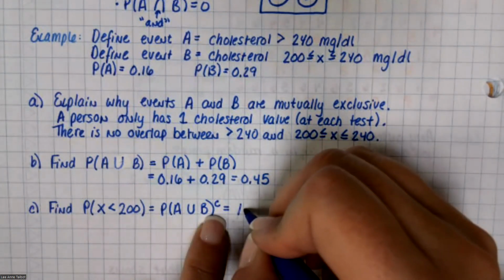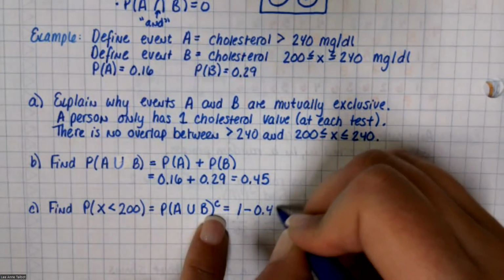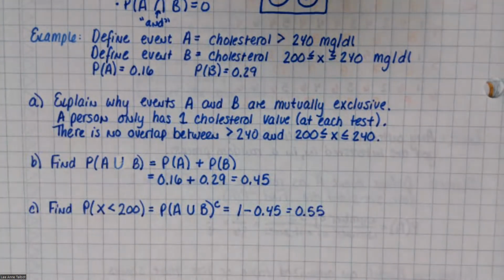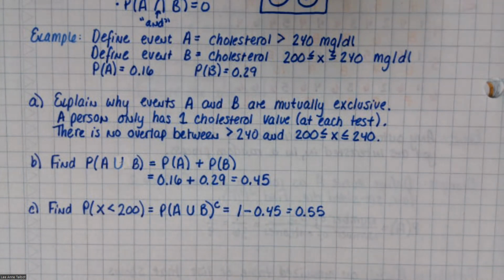I would just ask you to write 1 minus 0.45. Good. That's it. Oh, the joke.